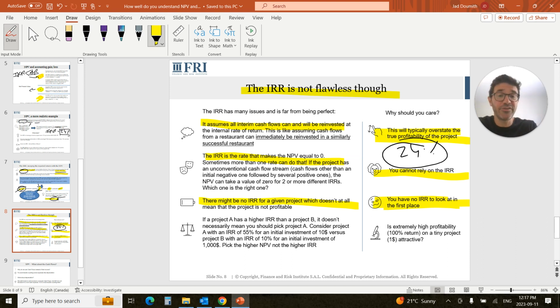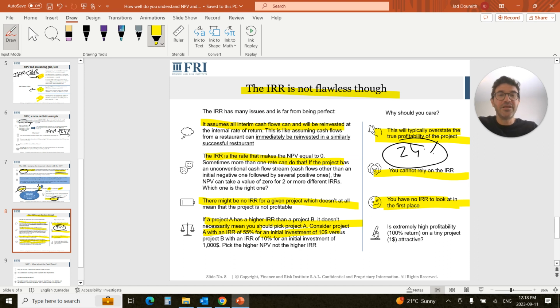The last drawback is if you have two projects, A and B, differing in terms of IRR and NPV, you might be tempted to choose the one with the highest IRR, but in reality, this could actually be not the right idea. An easy way to understand this is to imagine an extremely profitable project, but with a very low cash investment. So imagine A with an IRR of 55%, but an initial investment of 10.